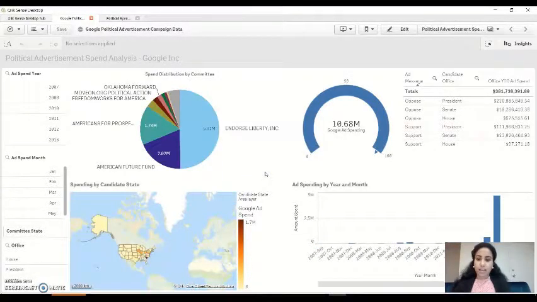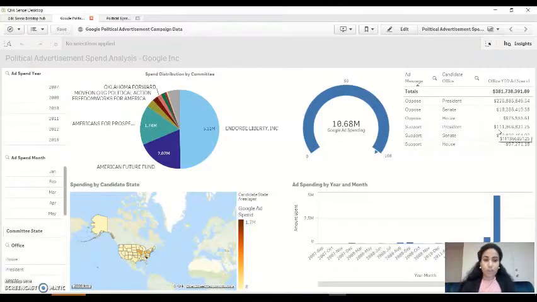Over to the right side, we see a table where the data is represented on whether or not the ad was in opposition or in support of the political candidate that the ad was in representation of. On the top line over here, about $226 million was spent in opposition, while only $111 million was spent in support.